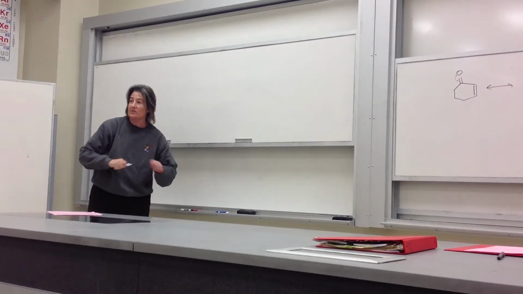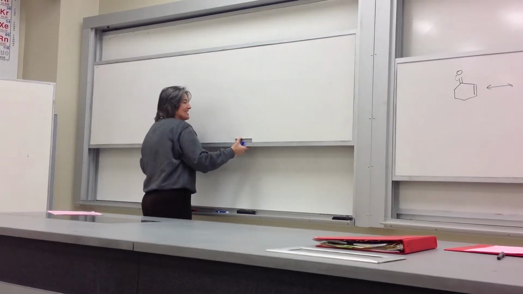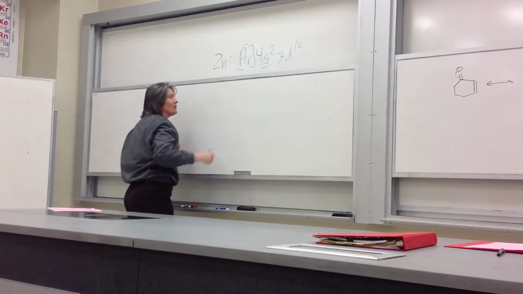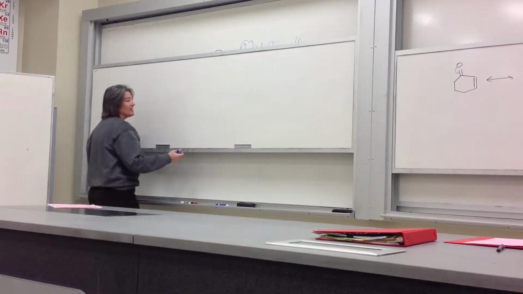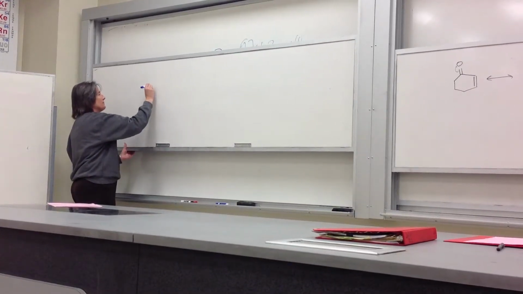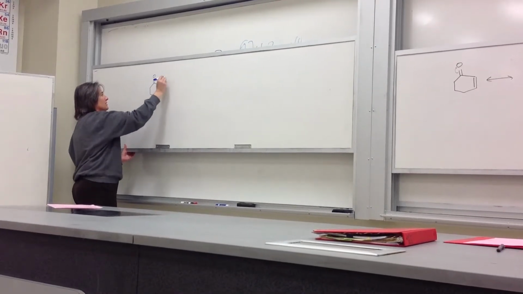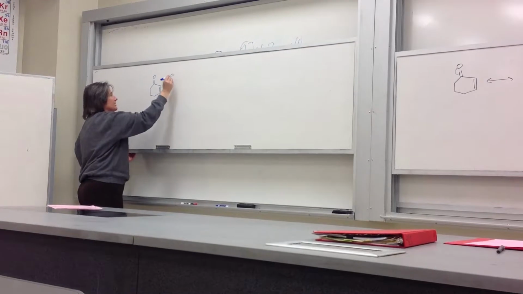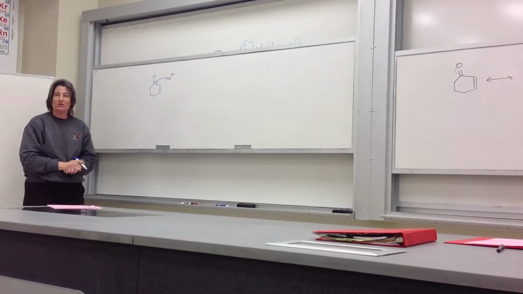First, let's look at the mechanism and discuss what initially happens and then what could happen if you have a specific kind of nucleophile. Mechanistically, your nucleophile will first attack at the carbonyl carbon.